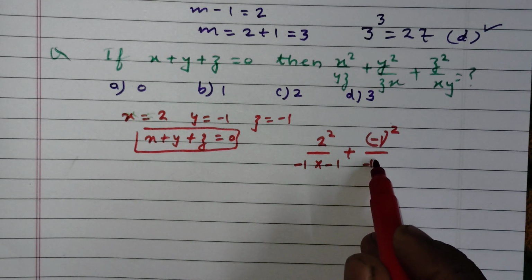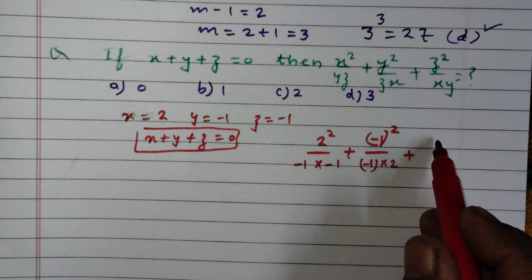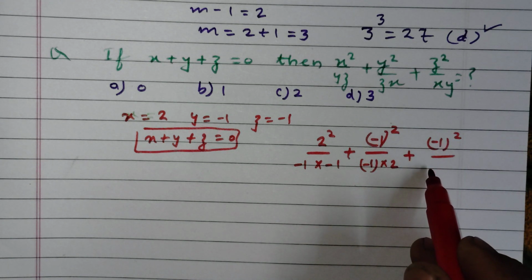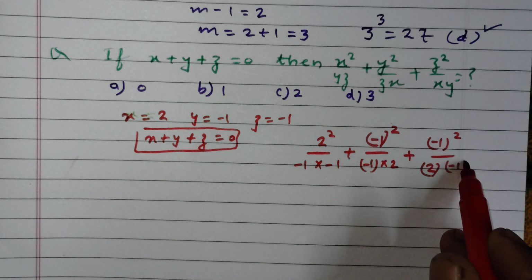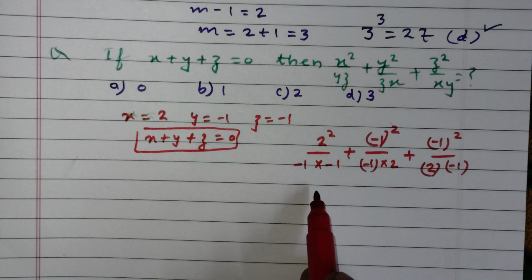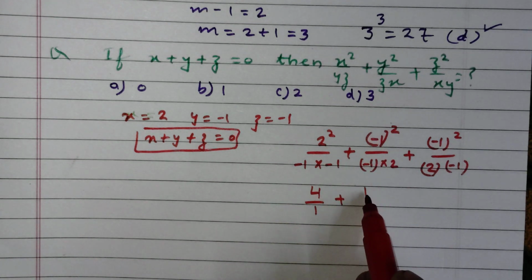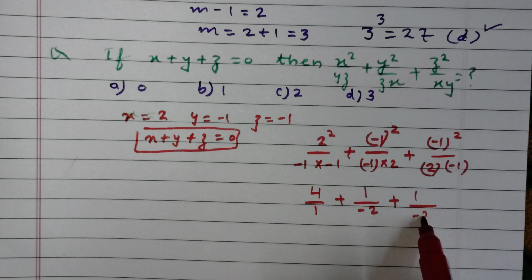So z is -1 into x is 2, plus z square, so -1 square upon x into y. x is 2, y is -1. Now 2 square is 4, -1 into -1 is 1, plus -1 square is +1. 2 into -1 we get -2, plus -1 square is 1. 2 into -1 is -2.